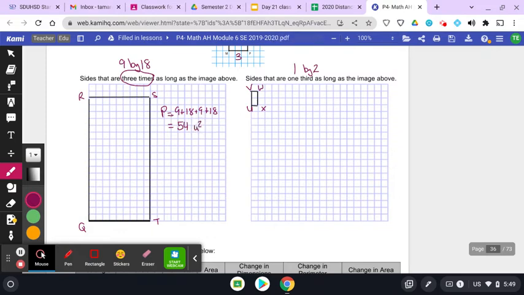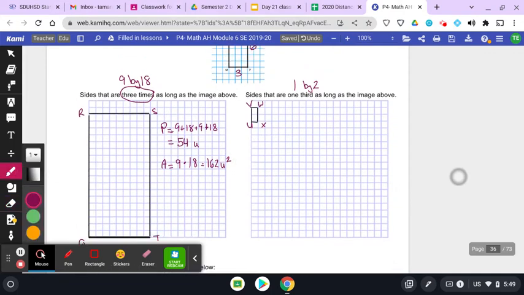Area, I have to go base times height, so 9 times 18. When I do that, I get 162. I'm sorry, that last one should have just been units because it's a length. This one should be units squared.